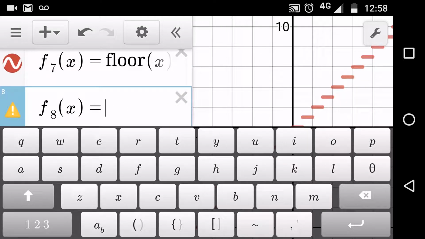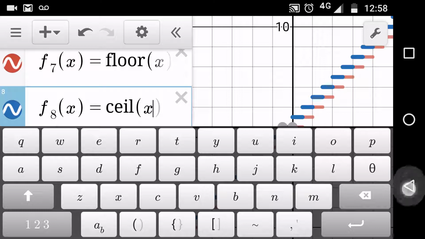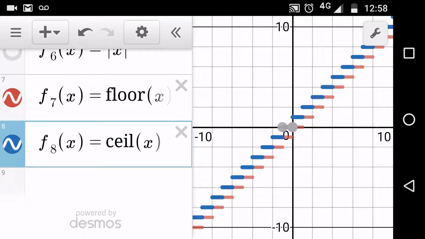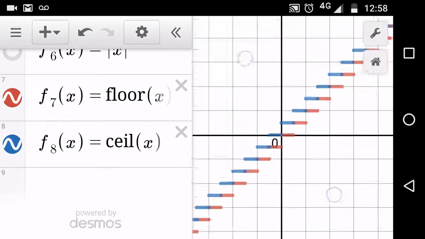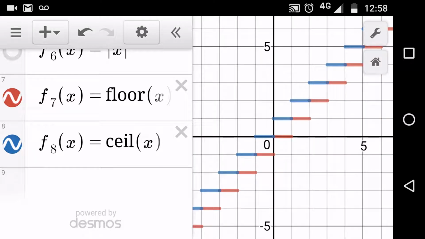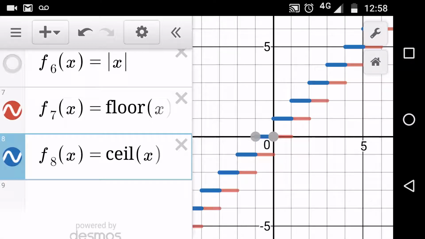You can take the alphabetic keyboard here and type ceiling, oh sorry, just ceil of x. And as you can see, maybe it's a little hard at this point, but you can enlarge it. What it does is that it takes all the steps and it moves them one step up.